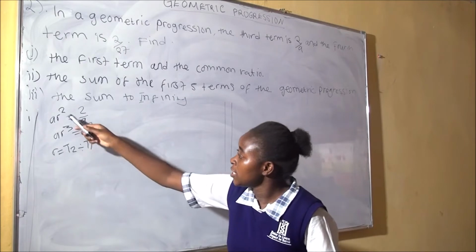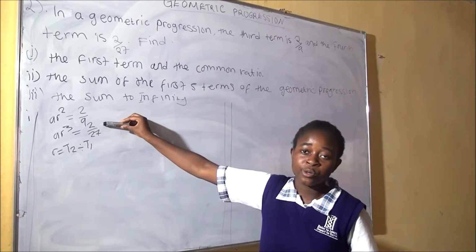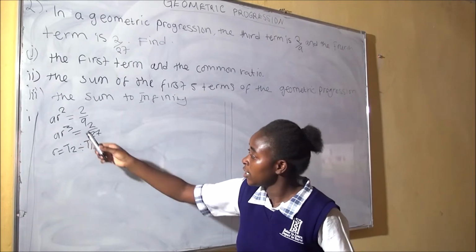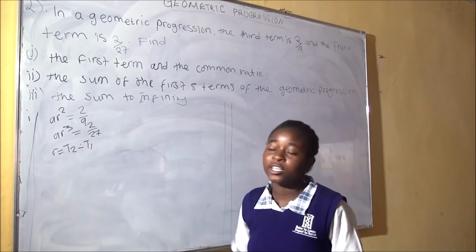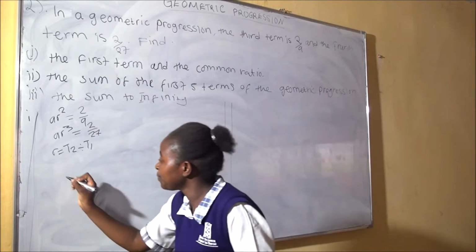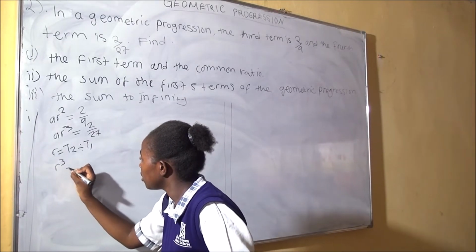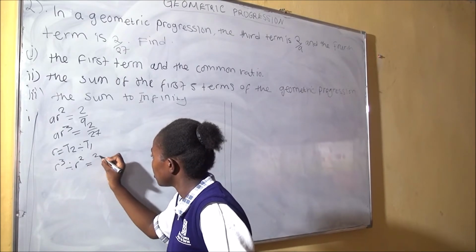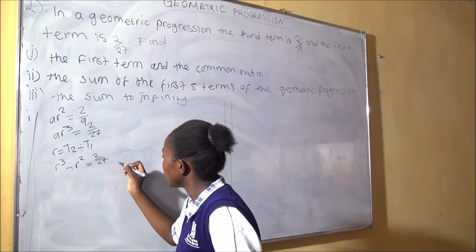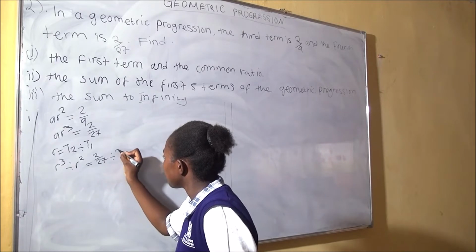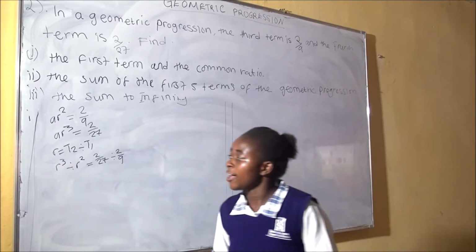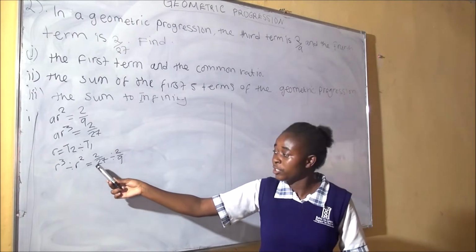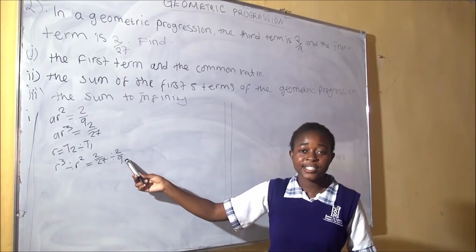So here we have this as our T2 and this as our T1, and we place this information in the equation.